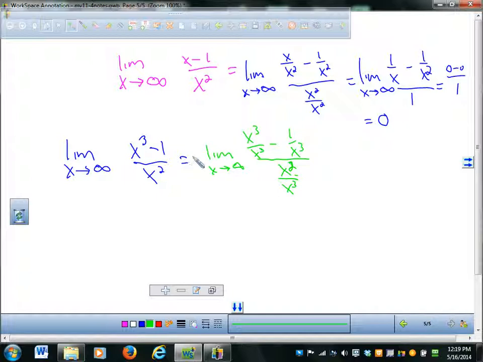But I'm just kind of showing you where this goes. So this is equal to the limit as x goes to infinity of 1 minus 1 over x cubed, over 1 over x. Okay?